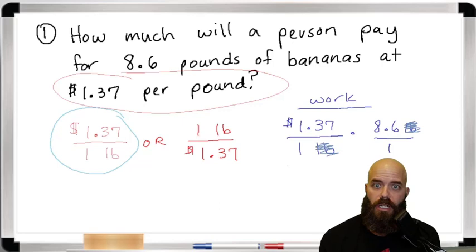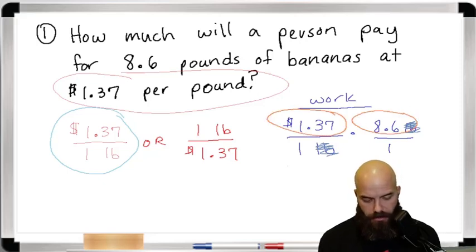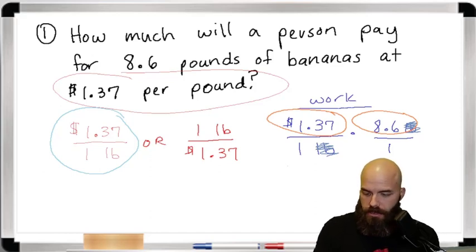It's no longer there. When multiplying fractions, you take the top and multiply it by the top. So 1.37 times 8.6 is 11.782.